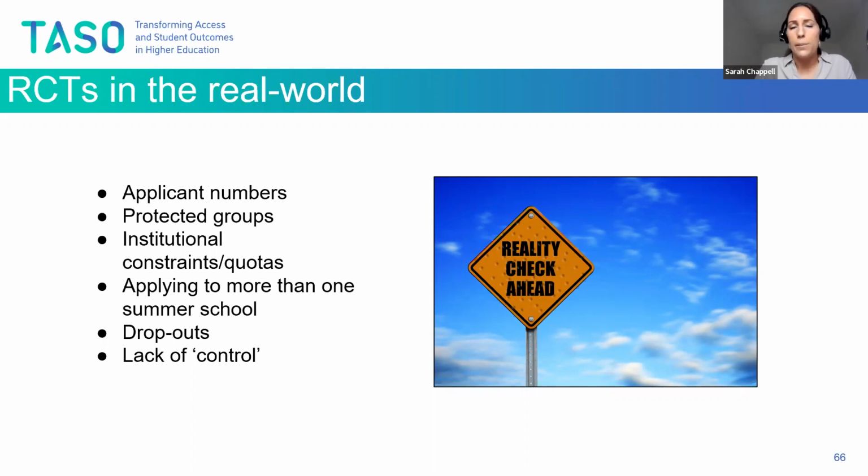So we could say, okay, if anyone that applies that's a care leaver, we will automatically allocate them to the treatment group, they'll receive a place. But it does mean that their data wouldn't be included in our actual analysis and in the final report, because the fact that they've been allocated straight to the treatment group means that we can't look at their data and we won't have equal numbers in the control group and things like that.